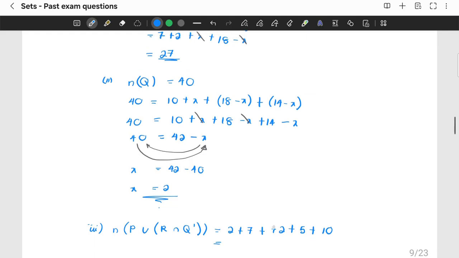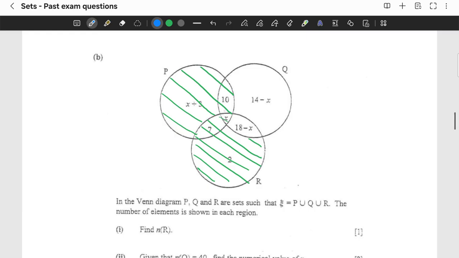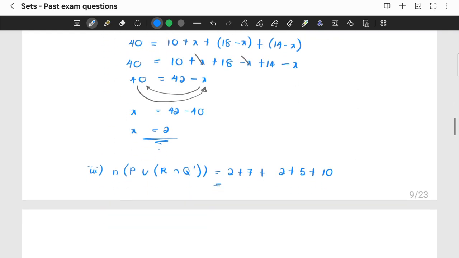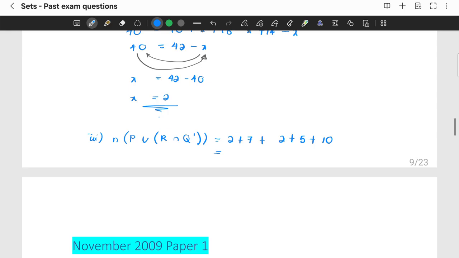No. Let me see, 1 2 3 4 5 numbers, 1 2 3 4 5 numbers. Okay, so 2 plus 7, that's 9, plus 2, that's 11, plus 5, that's 16, plus 10, that's 26.